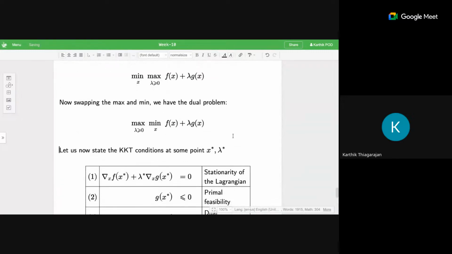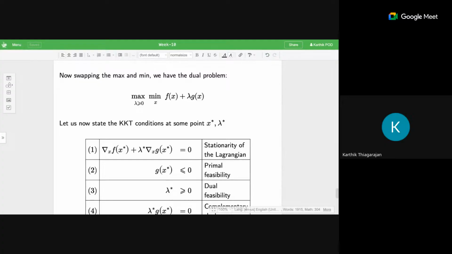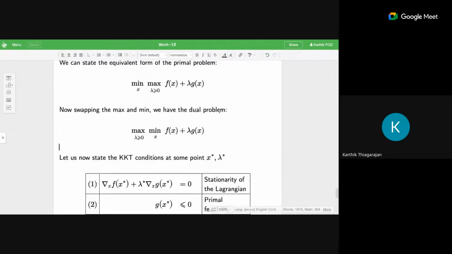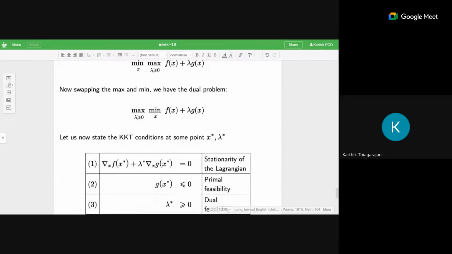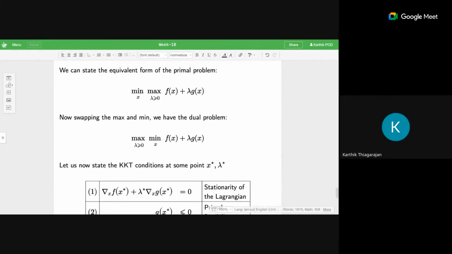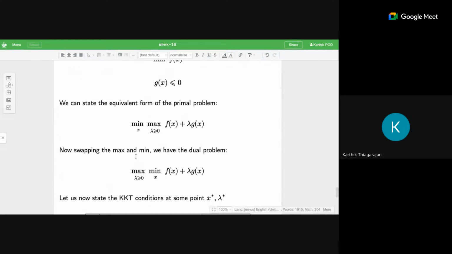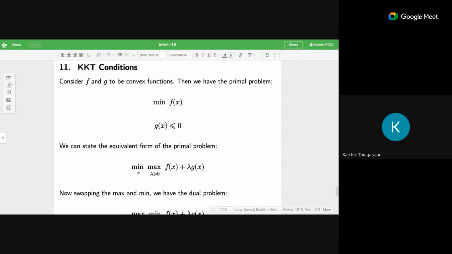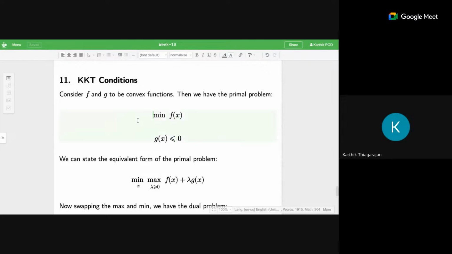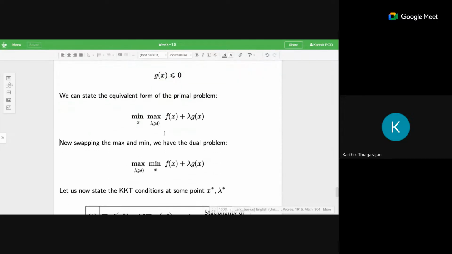So let me define d. What is d of lambda? Does anyone remember? We discussed this on Thursday. It is the dual objective function. When we stated the problem, I didn't specify the objective properly, so let me quickly state it.